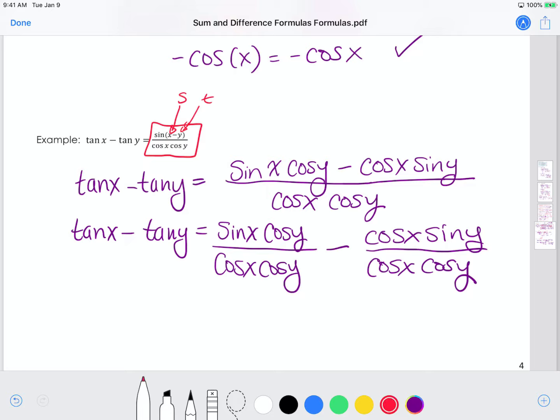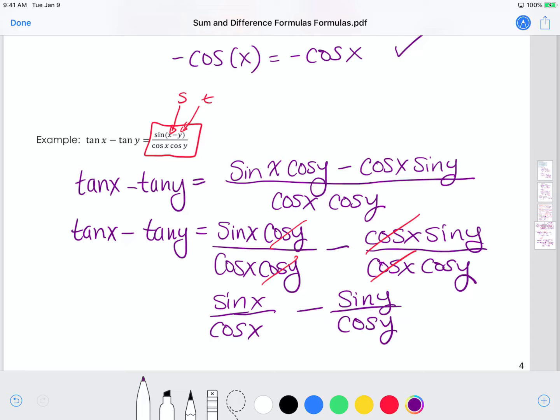And now I can cross off what they have in common. So that's going to leave me with sine x over cosine x. And over here they have a cosine x in common that I can cross off. And that's going to leave me with sine y over cosine y. And I want to show that that's equal to tangent x minus tangent y.